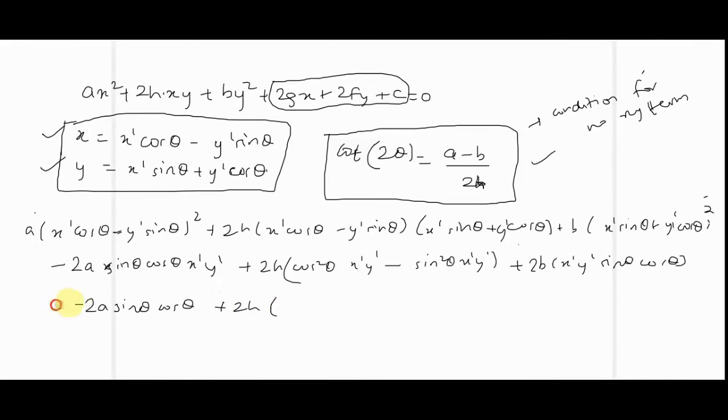Okay, we'll do some simplification. Observe that we know this result, sin 2 theta is 2 sin theta cos theta, cos 2 theta is cos square theta minus sin square theta. You see these terms here, so we'll use these results.